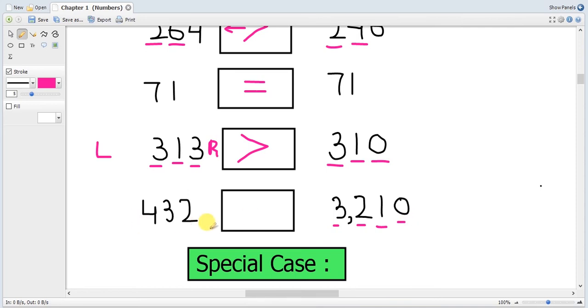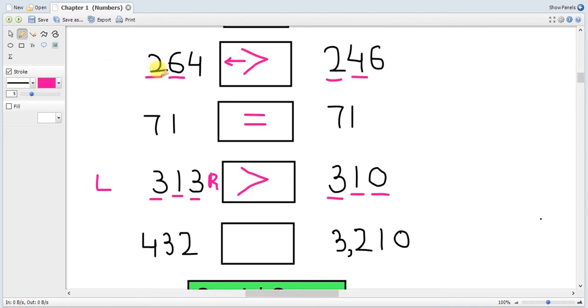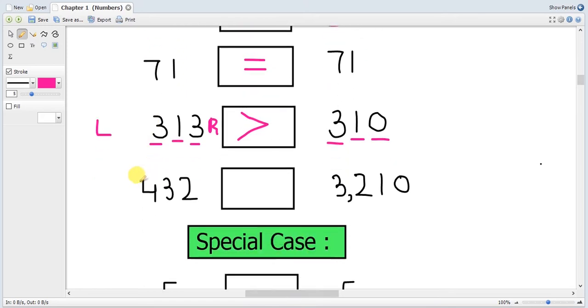Now here is one more thing. Since we are applying the strategy in which we look at the extreme left number, just like I can say, for instance, this is 4 and this is 3. So I can directly conclude that this number 432 is bigger than 3210.